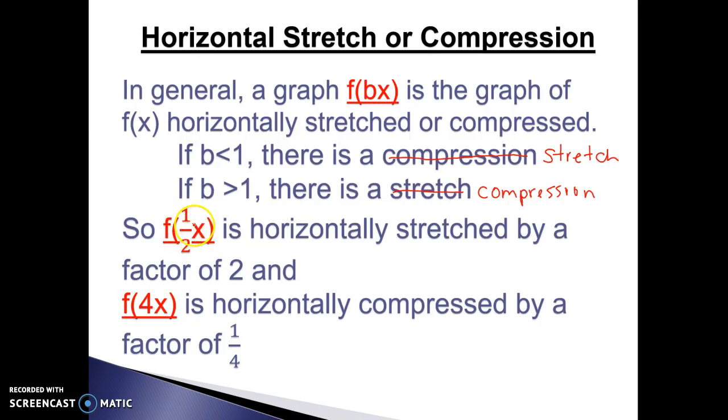So down here, f of 1/2 x, you can see that that 1/2 is inside the parentheses. It is a horizontal stretch. And f of 4x, because 4 is bigger than 1 and it is inside the parentheses, it is a horizontal compression.